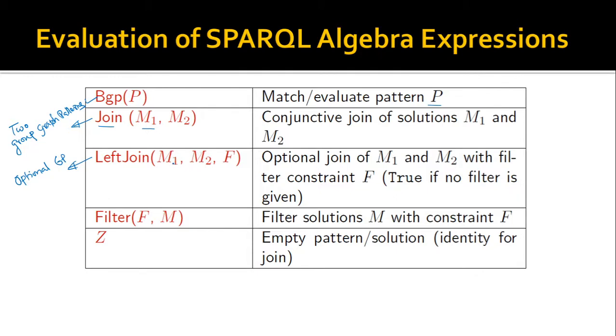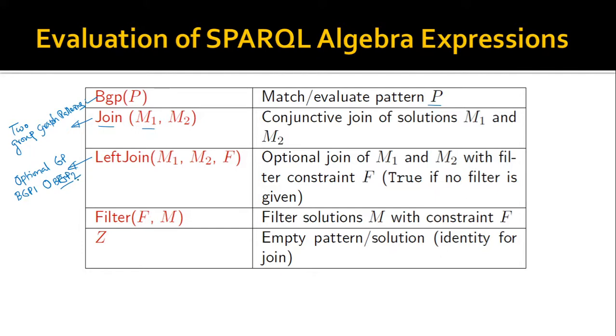One is that this optional graph pattern may contain a filter in the second part of the patterns. So, for example, you have BGP1, then optional, then BGP2. Now, it might so happen that this BGP2 contains a filter.